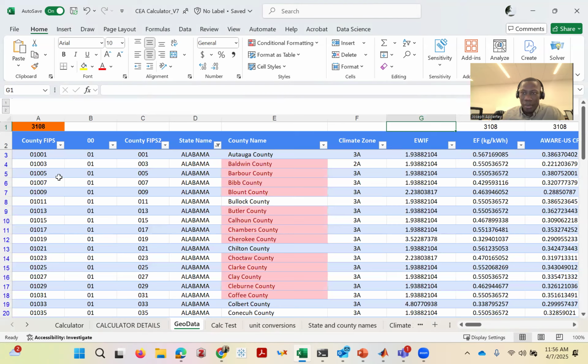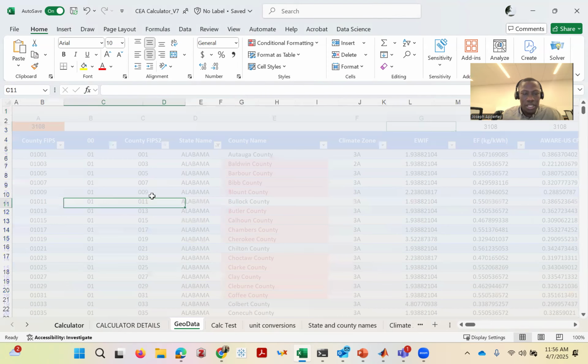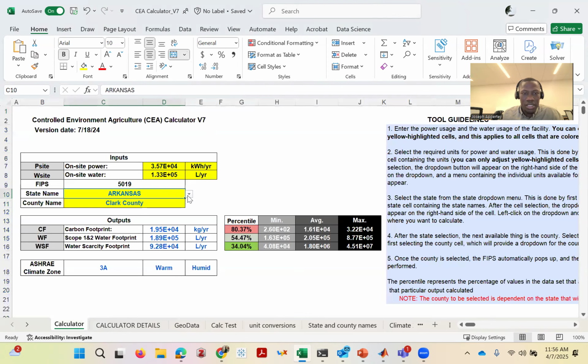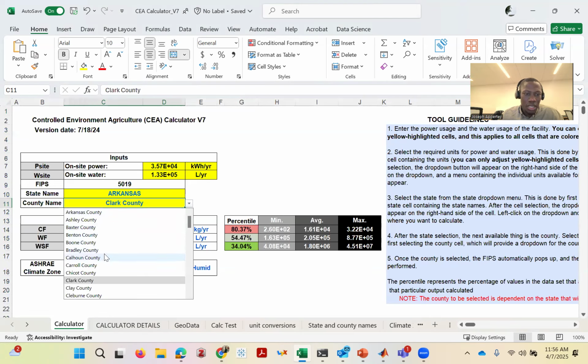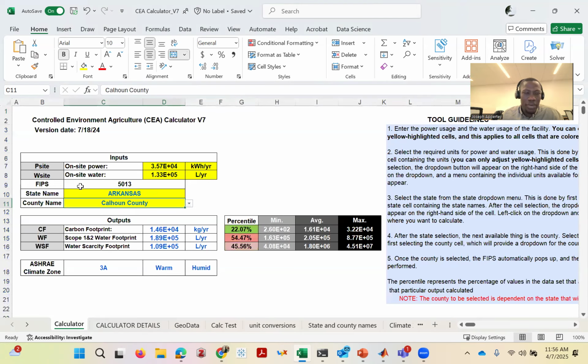In the previous MATLAB version, the system was designed in such a way that one has to input the various FIPS codes, but in this system, the calculator is made in such a way that once the state is selected and then the county is selected, the FIPS code automatically pops up.